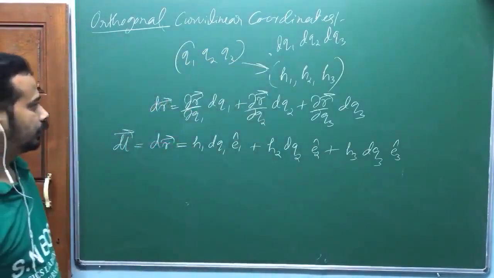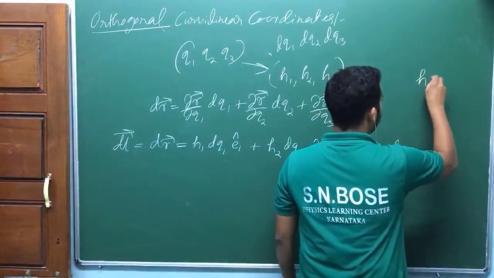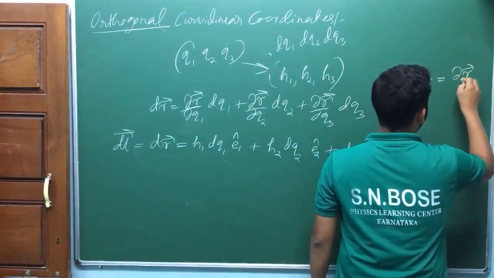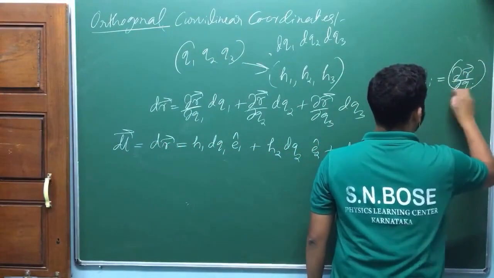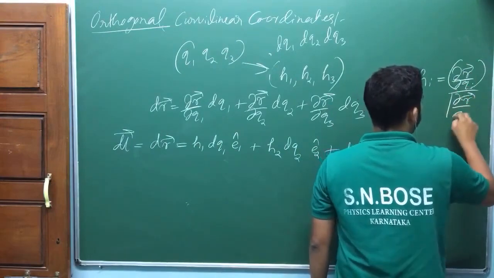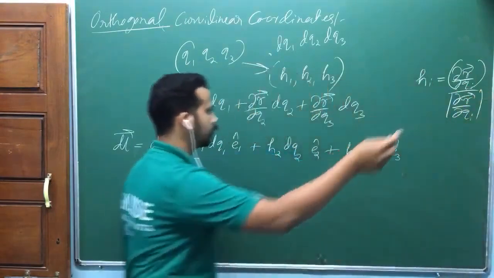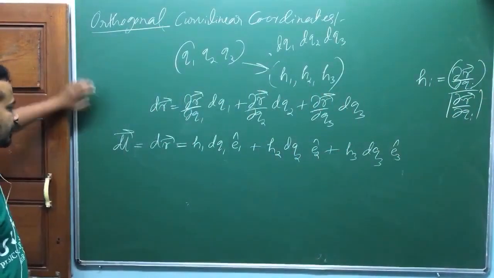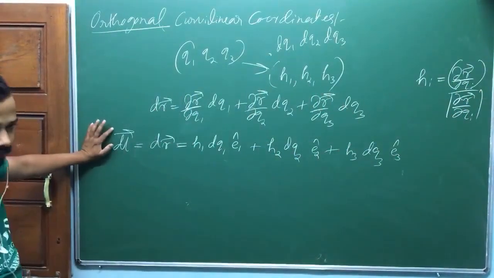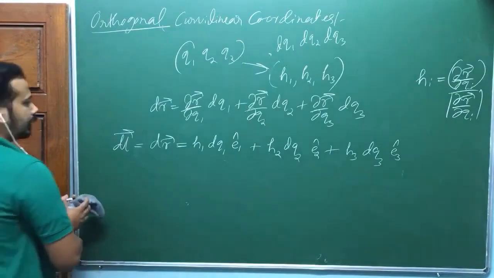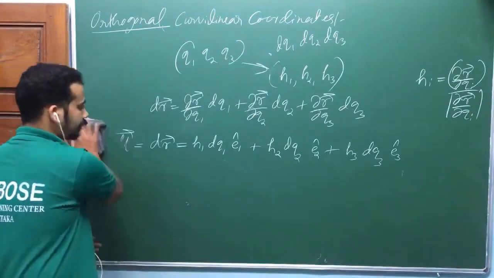What is that? Let me write Hi equals dou r by dou Qi divided by mod of dou r by dou Qi, i equal to 1 to 3. Just rewrite this dr vector like this. Is that okay? Now let me go for Cartesian coordinates. We shall see what would happen.